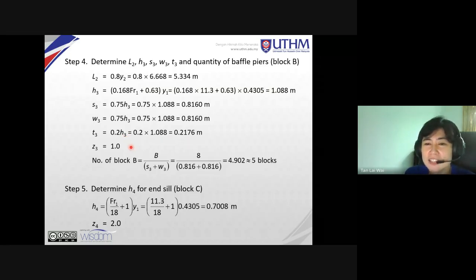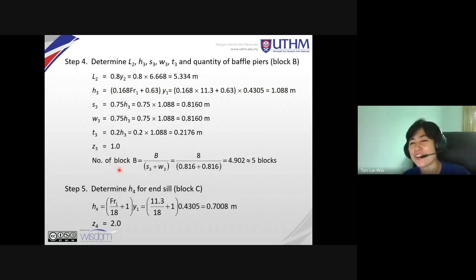Z3, you have to write it out even though it's provided in the table. I want you to write it out because you are designing for the builder. I don't think you want to provide the table of formulas to the builder, right? Because you need to provide the detail for them, because at the end you probably need to provide the drawings with all these dimensions.